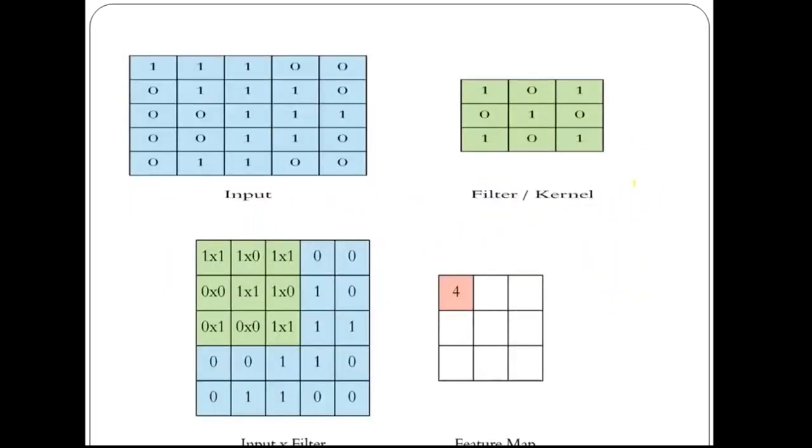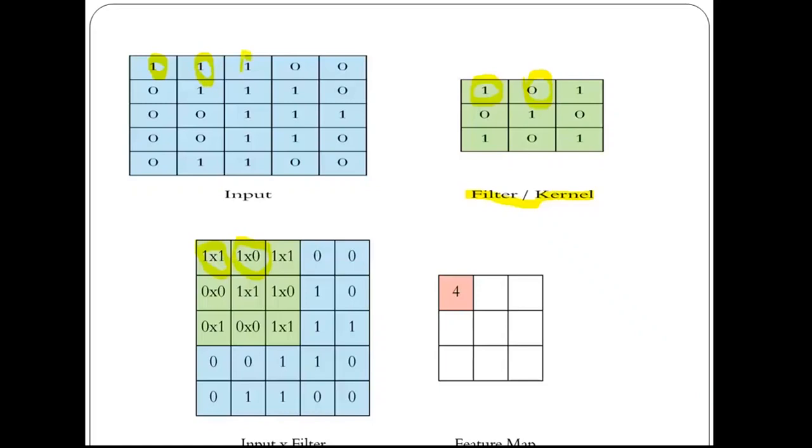So how do we use convolution with the use of filters and kernels? What we are doing is using this filter, a 3 by 3 filter. This particular value is multiplied by this. So you can see here 1 cross 1. This particular value 0 is multiplied with 1. So we have 1 cross 1 multiplied by 0.